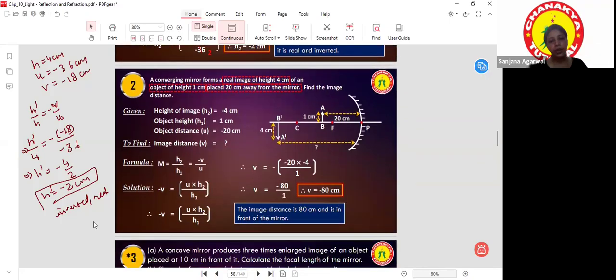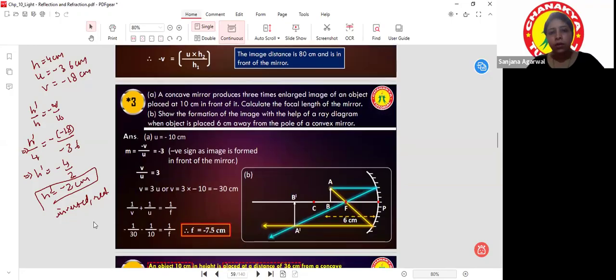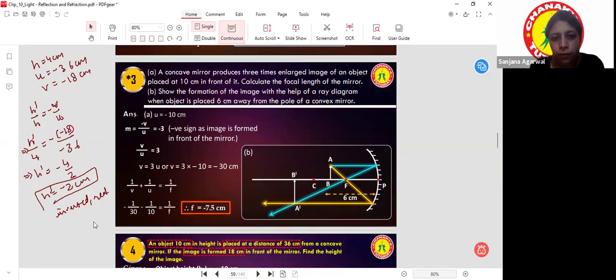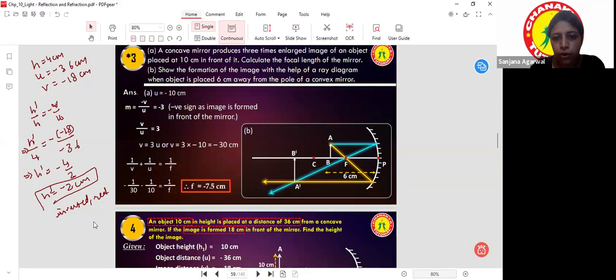Now, children, again, there are many more questions to practice. So pause the video and start solving. Another question based on the magnification formula, plus you have to use mirror formula also here.